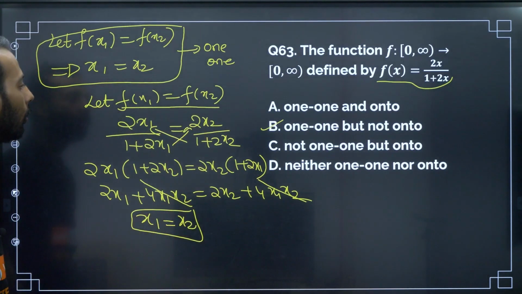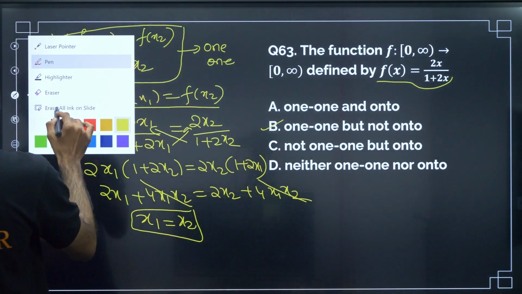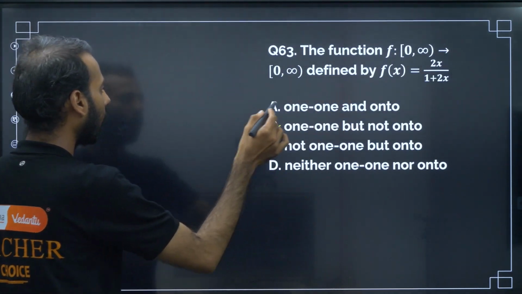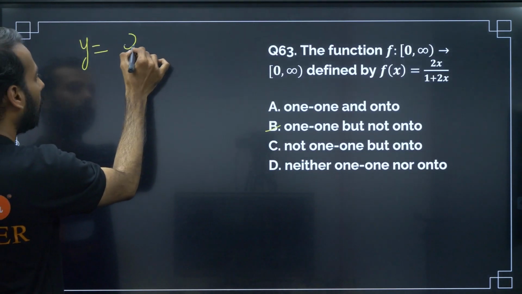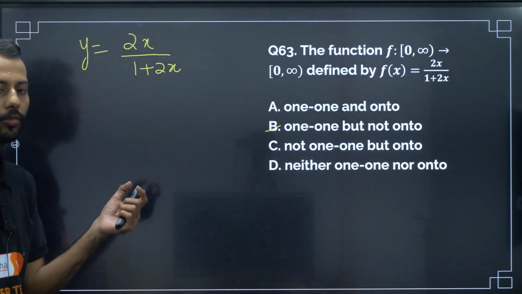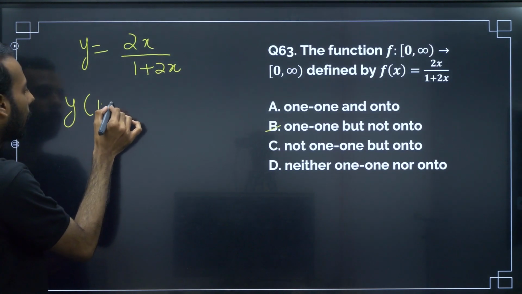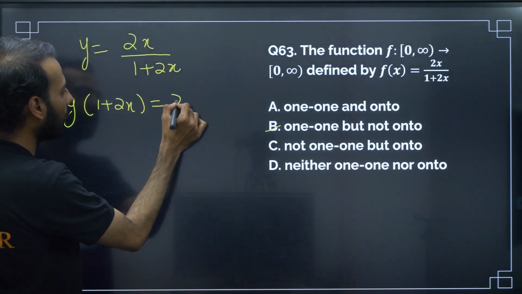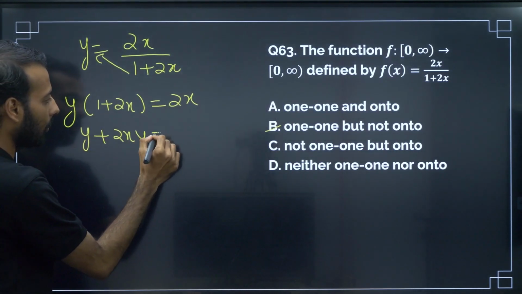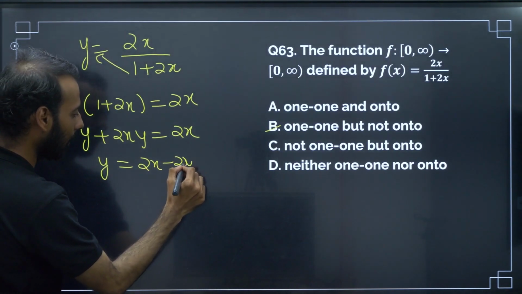Next, what about onto? Try to recall, whenever we want to find onto, the given function we write in terms of x and check for its pre-image. So let me write like this: y(1 plus 2x) is equal to 2x. So y plus 2xy is equal to 2x, y is equal to 2x minus 2xy.